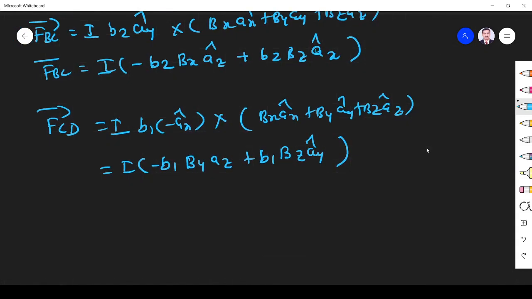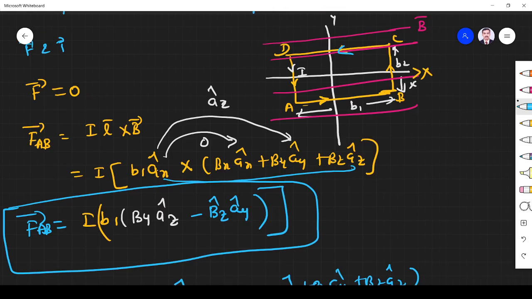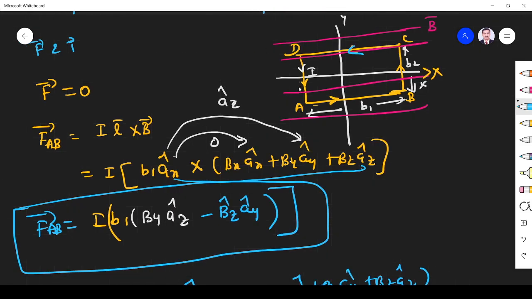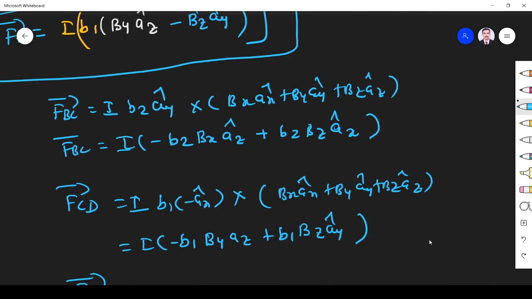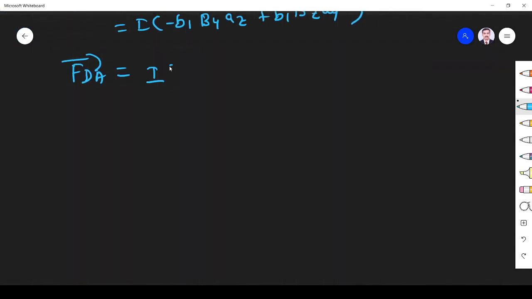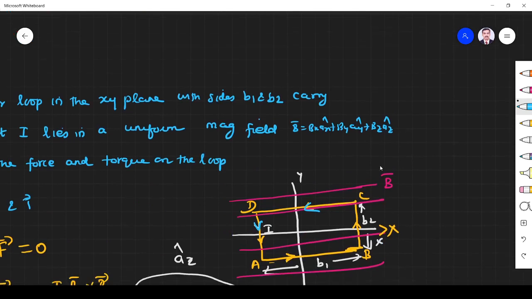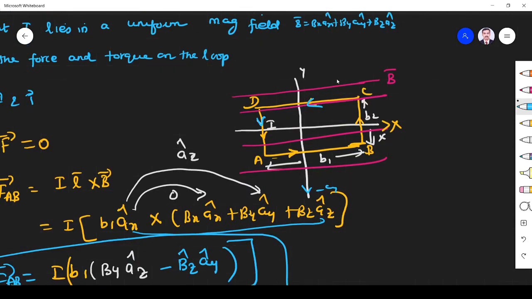Similarly, we find FDA. D to A is going along the minus ay direction, and the length is B2.